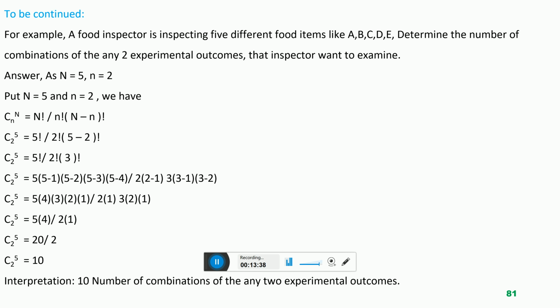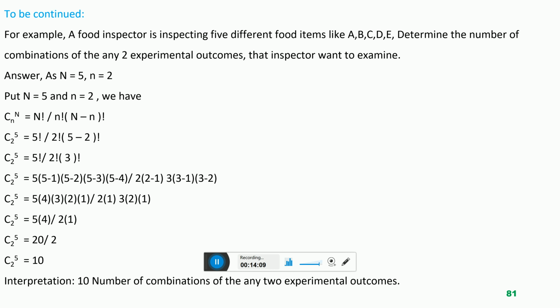So the question is this: when the food inspector is inspecting 5 food items by examining only 2, determine how many experimental outcomes in the combination of 2 items of this experiment are possible. What is the experiment?